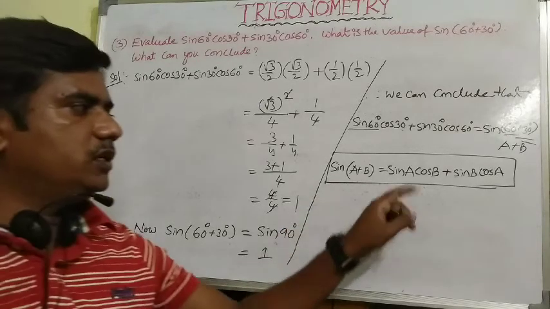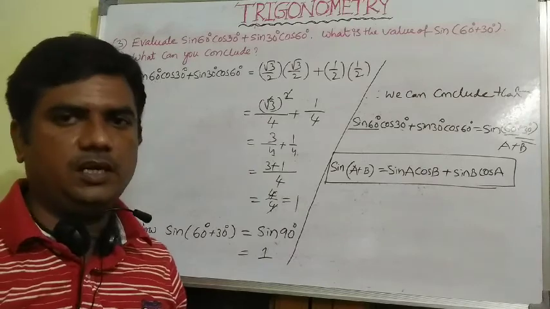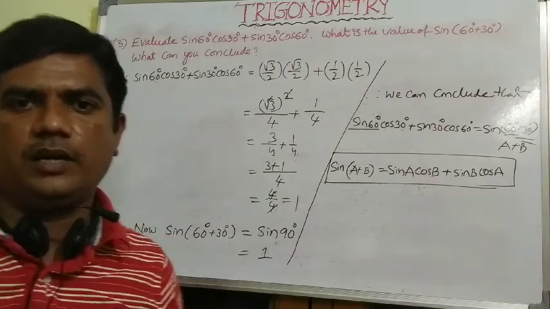So sin (A plus B) equals sin A cos B plus cos A sin B. This is one formula in the trigonometry chapter.